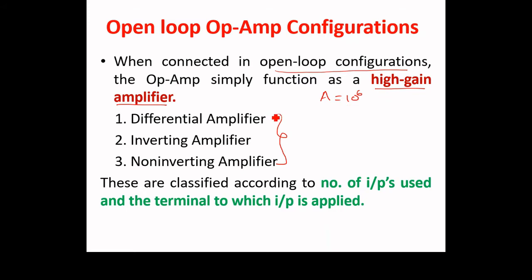So it is a very high gain amplifier. We can operate the op amp in open loop in three different configurations. First one is the differential amplifier, second one is the inverting amplifier, and third one is the non-inverting amplifier.